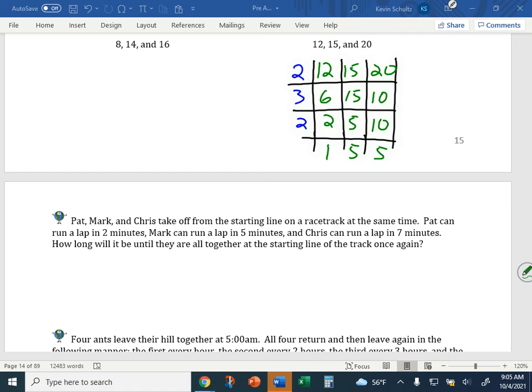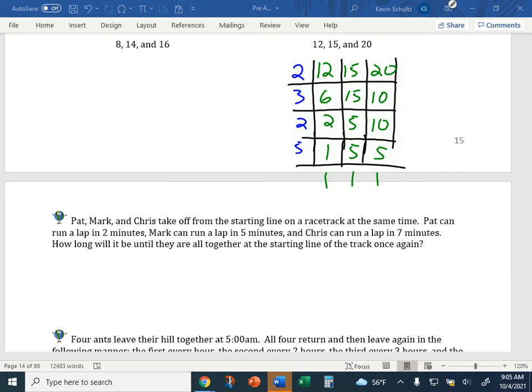Hold on, there's a light at the end of the tunnel here. I promise you. What number now goes into at least 2 of them, Cade? 5. And what does that leave us with? 1, 1, 1.